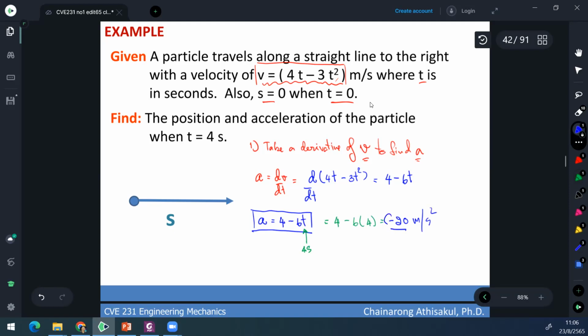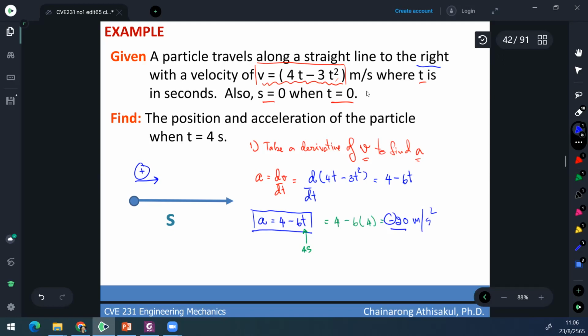So what is the negative sign? The negative sign means that, for this case, we set up going to the right as positive. We normally set up the positive direction following the initial velocity, and for this case, the particle travels along the straight line to the right. So to the right is positive.